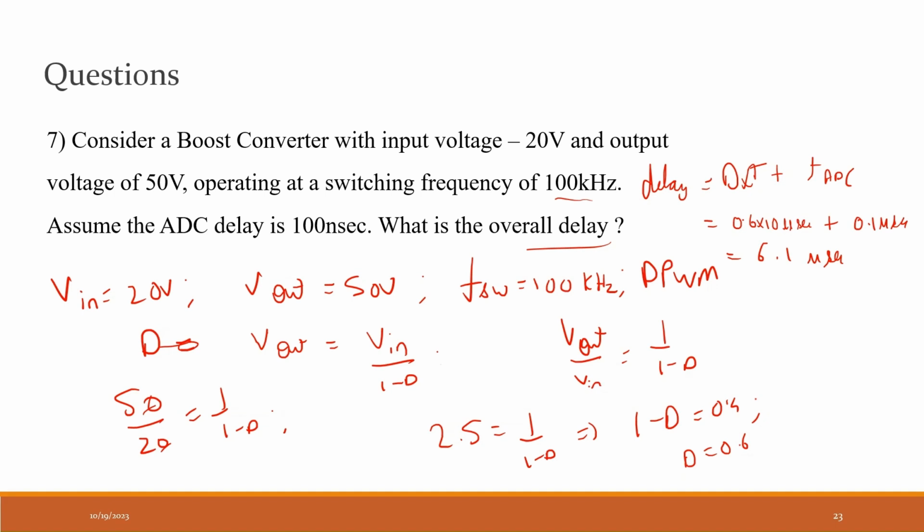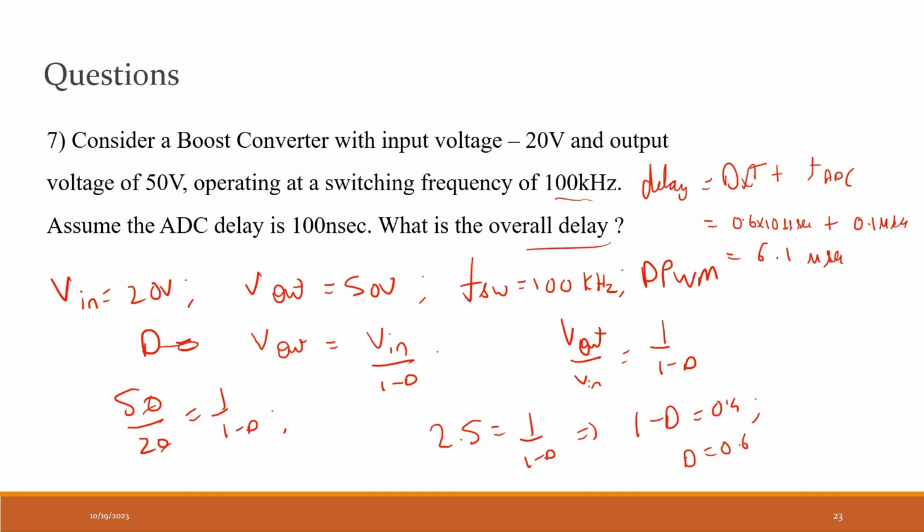Sir, this delay that we are giving, the sampling delay, is that this D into T? The D into T. I think that delay is actually due to the DPWM modulator.